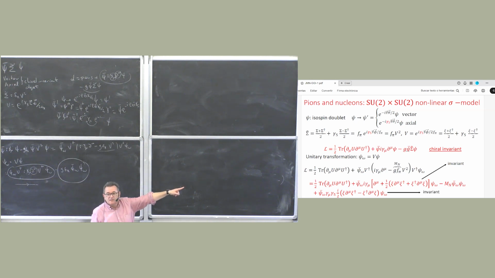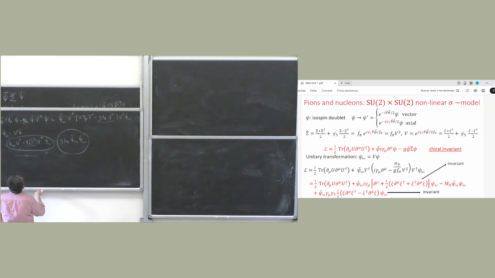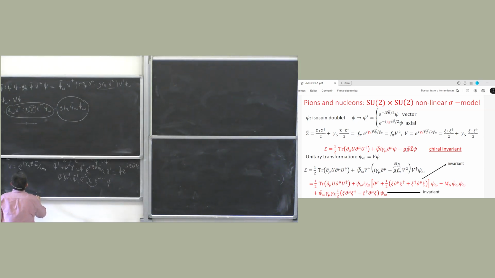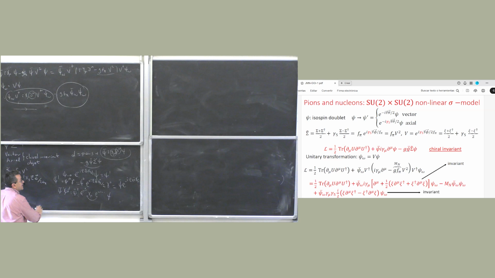I include the notation because if you look at any paper on chiral symmetry, this xi will appear for you. V is just xi plus xi dagger divided by 2, plus gamma 5, xi chi minus chi dagger divided by 2, okay?